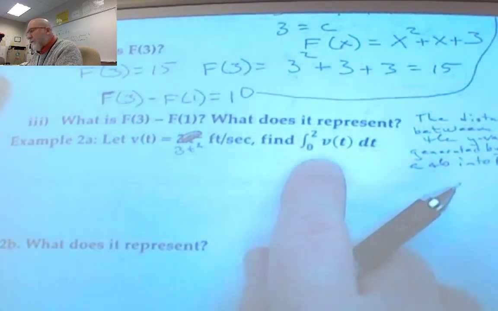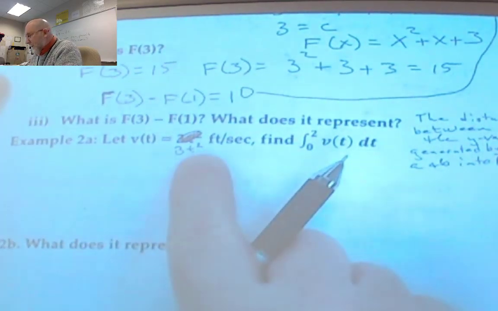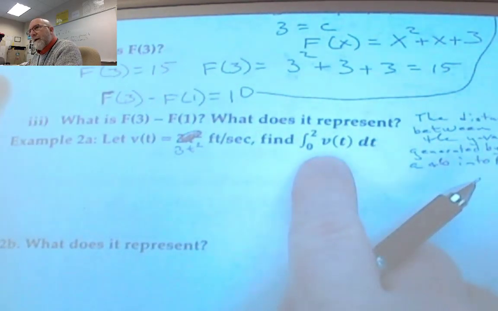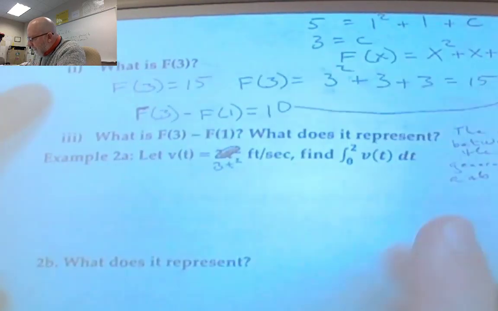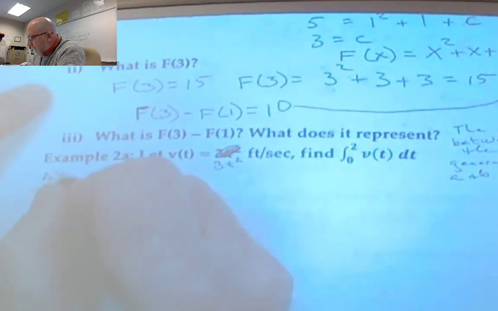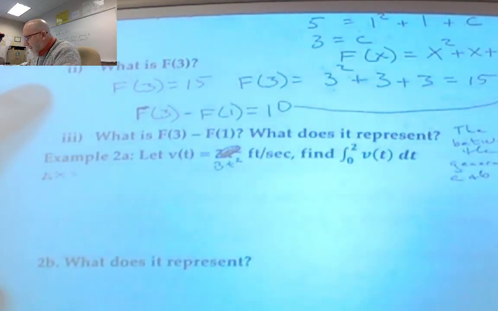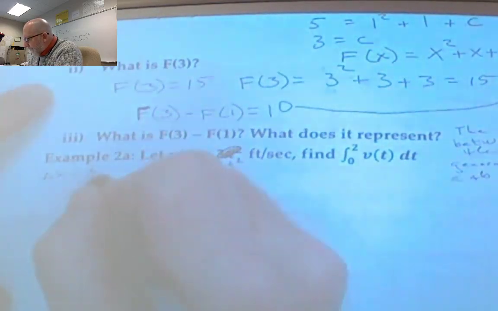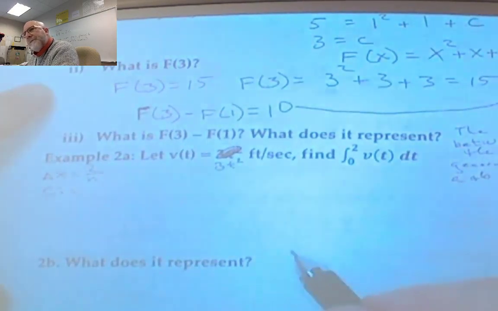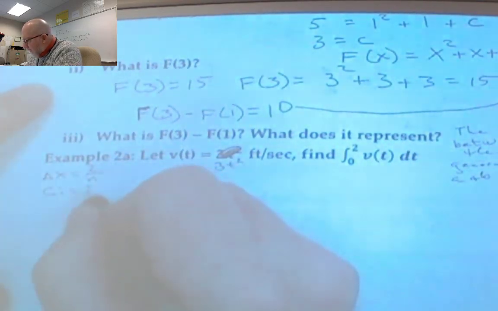Cameron, this is not a straight line, so we've got to do it the old-fashioned way. We've got to figure out what delta x is: 2 over n. We've got to figure out what c sub i is: 2i over n.